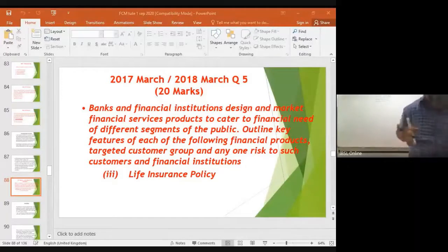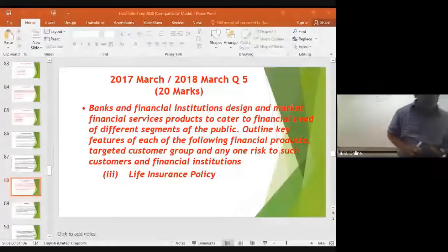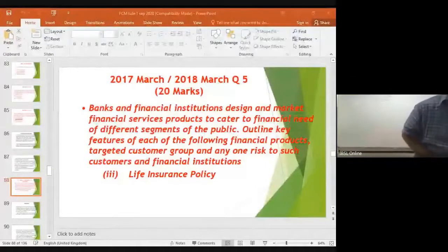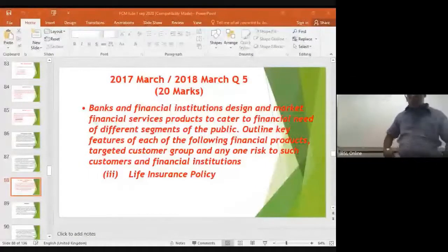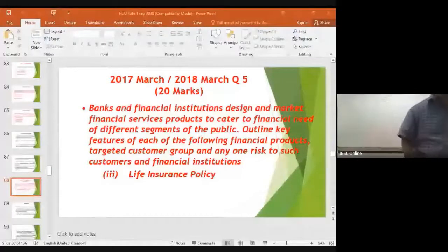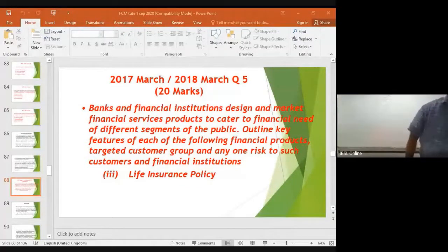Life insurance is a contract between the policy holder and the insurer, where the insurer promises to pay a designated sum of money in exchange for the premium the policy holder has to pay, after death, permanent disability, or a critical illness.